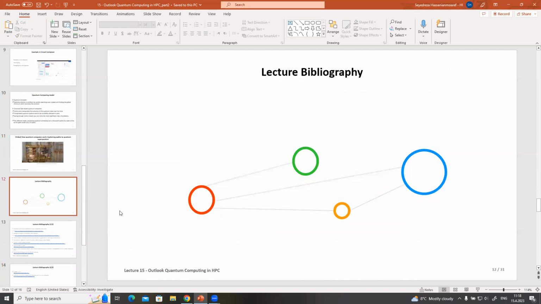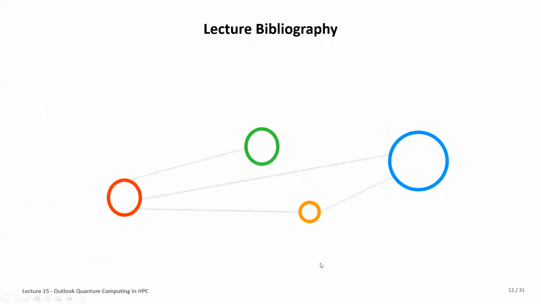So here we finished lecture 15, regarding quantum computing. Quantum computing is the state of the art in HPC now, and there is much ongoing research and funding to develop this area, and there is much hope that this machine will have the capability to solve some problems not solved yet.